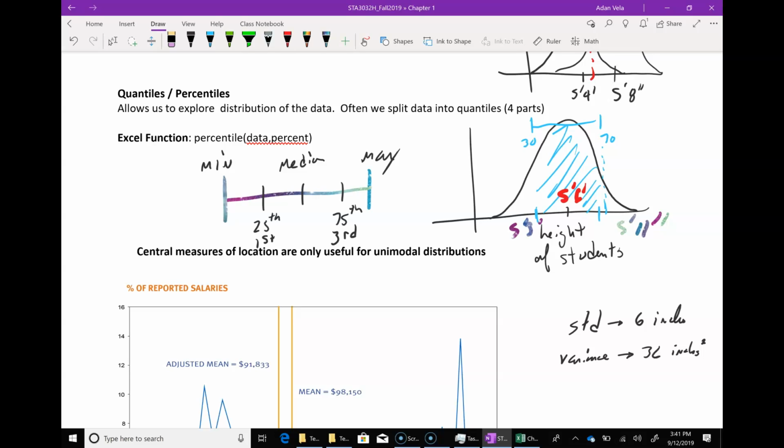Because normally what we're going to come to later is that if you take the mean, 5 foot 6 inches, and you add one standard deviation, and you subtract one standard deviation, that accounts for about 60% of your data. And so that's a nice thing to do, that we can just add and subtract and know what range it contains. But here, 36 inches squared doesn't make a lot of sense.